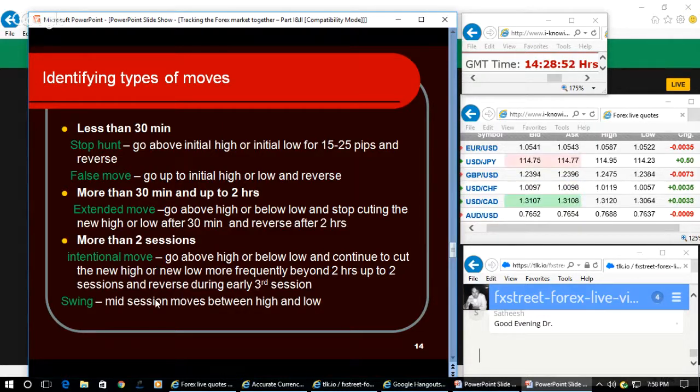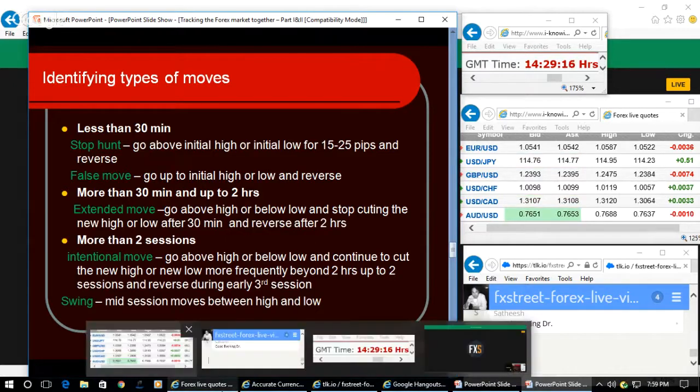So swing, they will also make similar to the intentional move between the high and the low in order to handle the crosses. So we need to understand what they are trying to do. If there is a quick upward rise, watch for the third rise and take a sell. If they are making a slow rise, then take a buy and book profit. But you will be able to understand this.